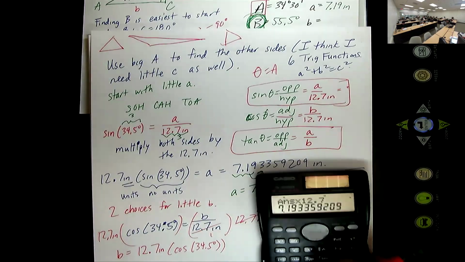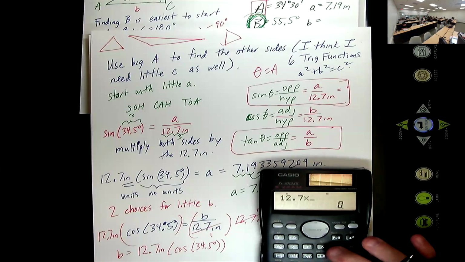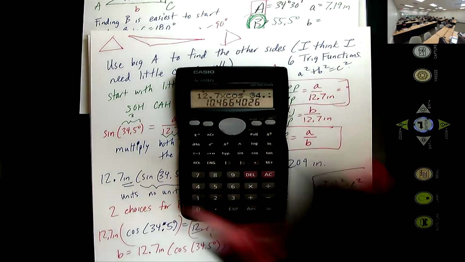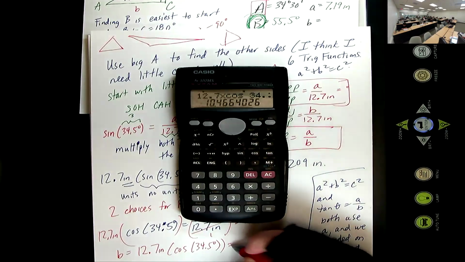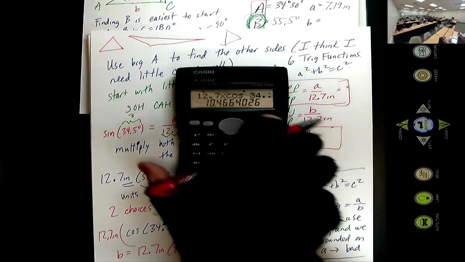And then we'll do that on screen again. I did it all in one step last time, I didn't show it to you, but you can. Times cosine of 34.5. And I'm getting, I'll write them all down, 10.466426.